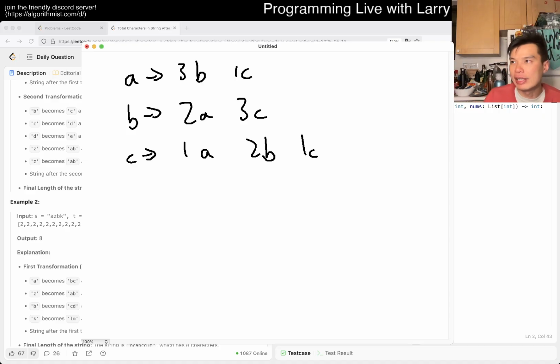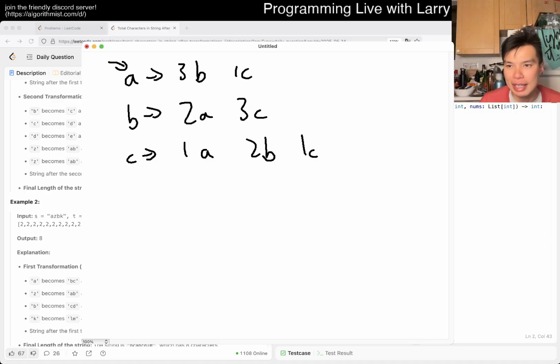So the idea here is that you can express this transformation as a set of linear equations. Maybe I should have prepared a little bit for this.